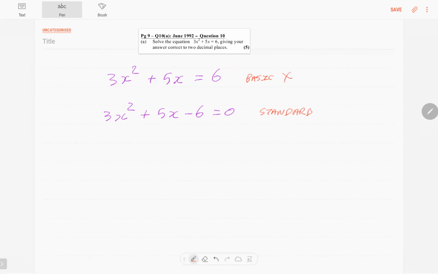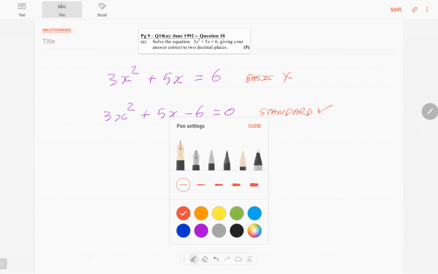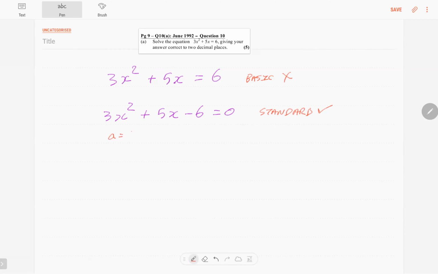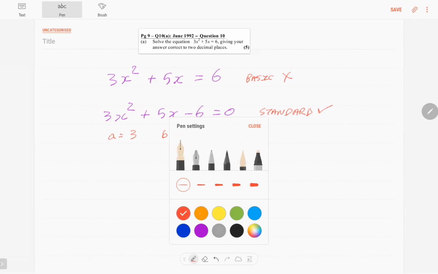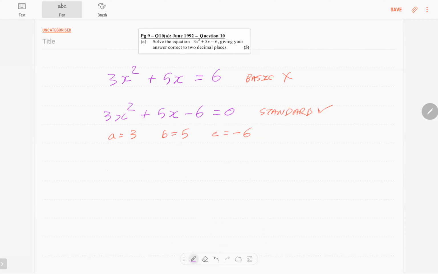In this standard form, we are able now to say that a equals 3, b equals 5, and c equals negative 6. The quadratic formula says that x is going to be negative b plus or minus the square root of b squared minus 4ac, all divided by 2a.